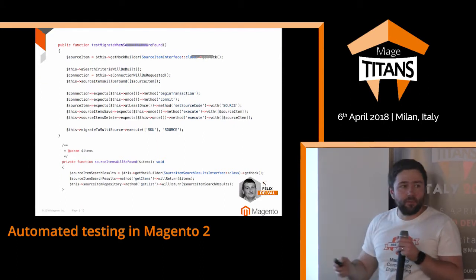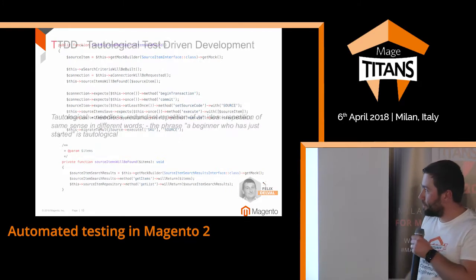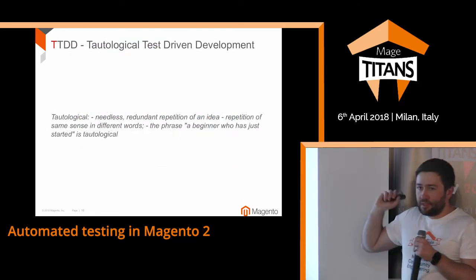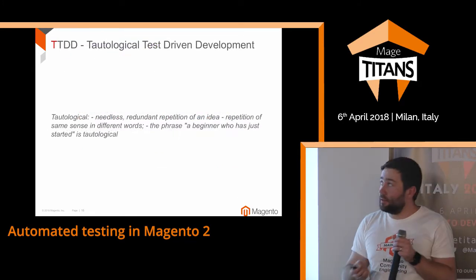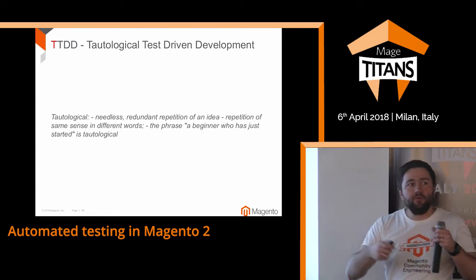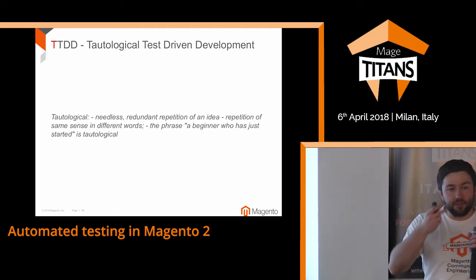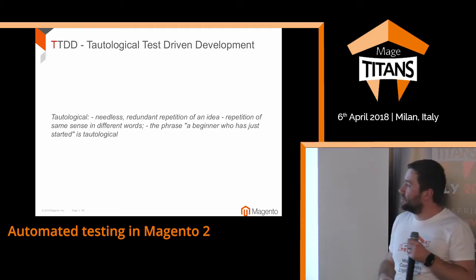And that's not a problem with Felix and his code. This is actually just a solitary unit test. And there is actually a name for this kind of testing. It's called tautological test-driven development, when we have needless, redundant repetition of what we already have in our business logic.